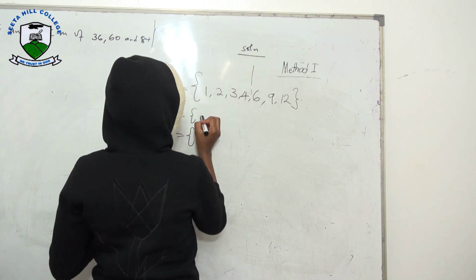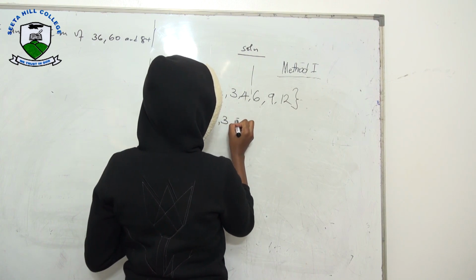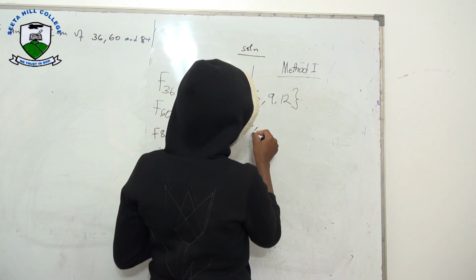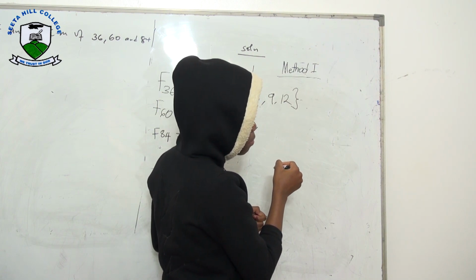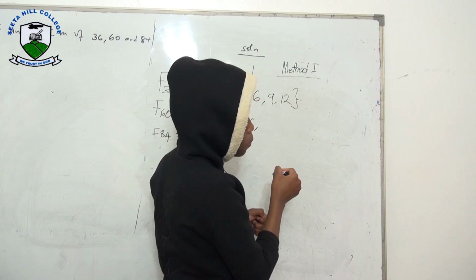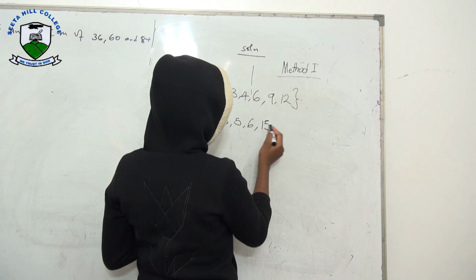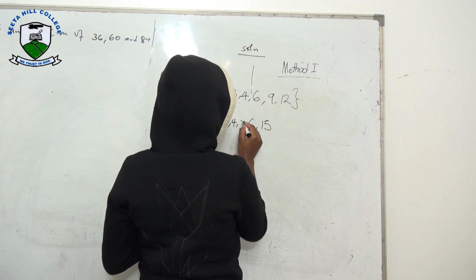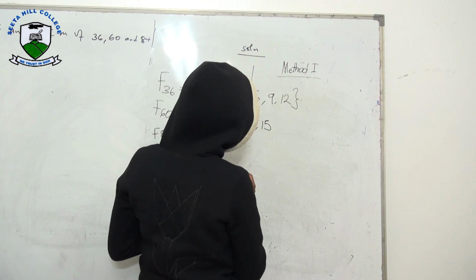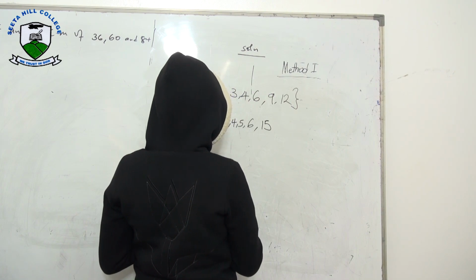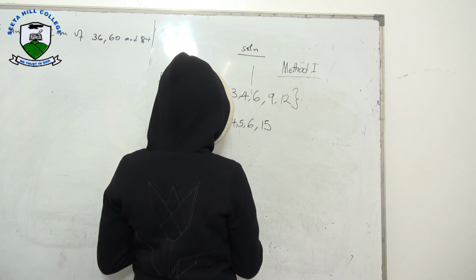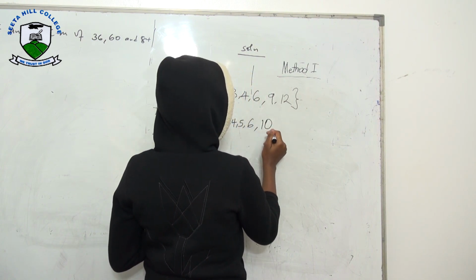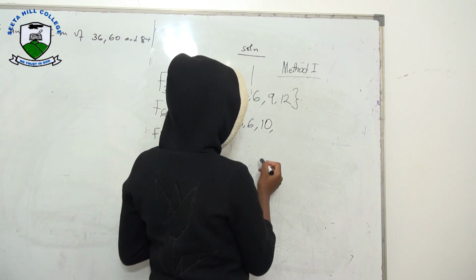Then we have factors of 60. We have 1, 2, 3, 5, 6, 15, 4 after this, and then 10. After 10 it's 15.